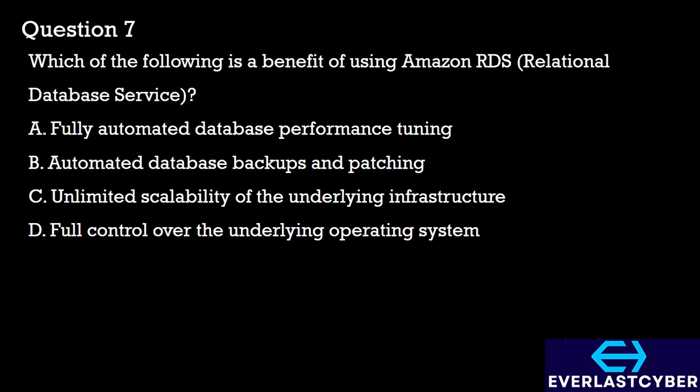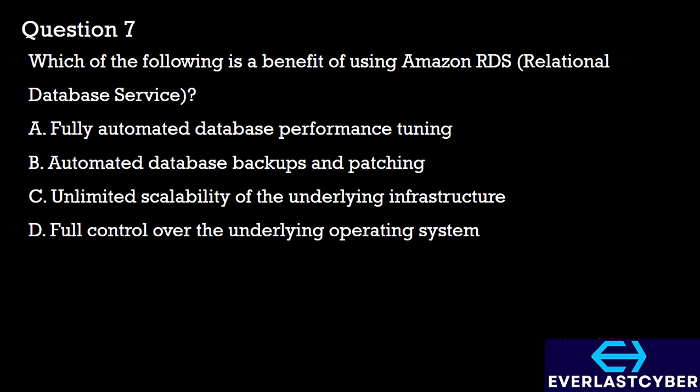Automated database backups and patching is one of the things that Amazon RDS helps to do. So it automates time-consuming tasks like database setup, patching, backups and updates, and this helps to reduce operational overhead and also improve reliability. For option C, while RDS can scale vertically and horizontally to some extent, there are limits to the scalability of the infrastructure depending on the instance type and configuration.